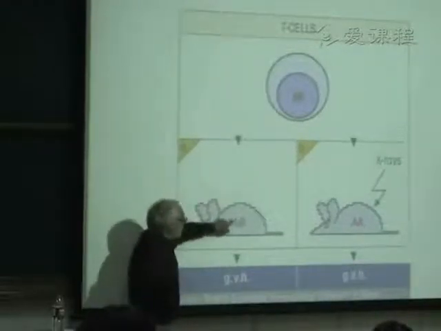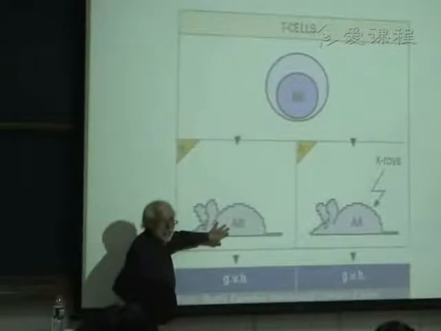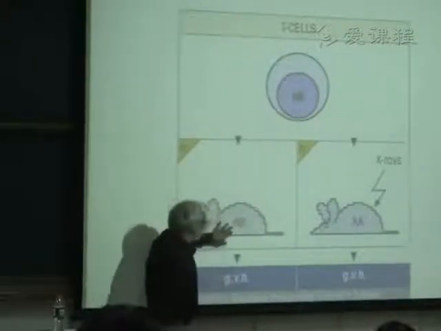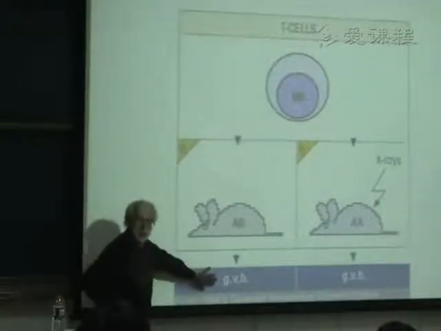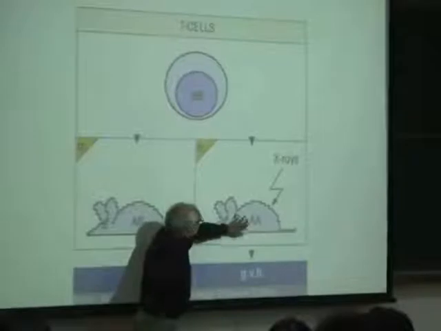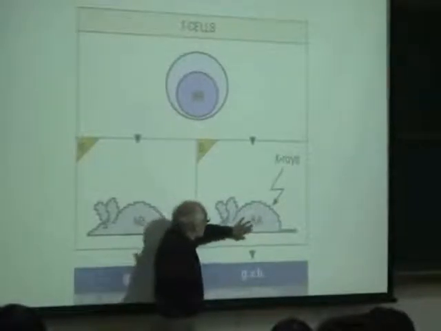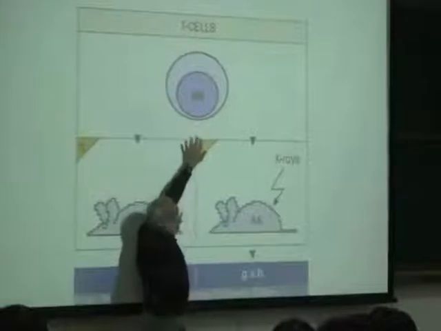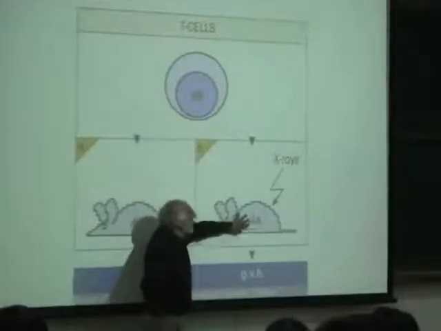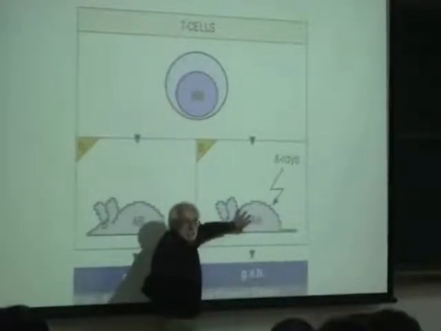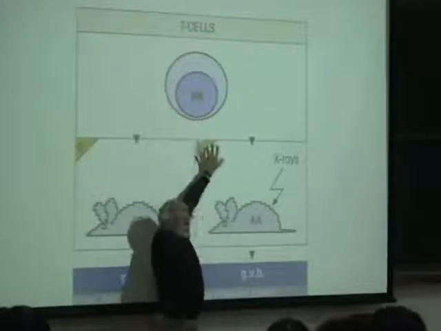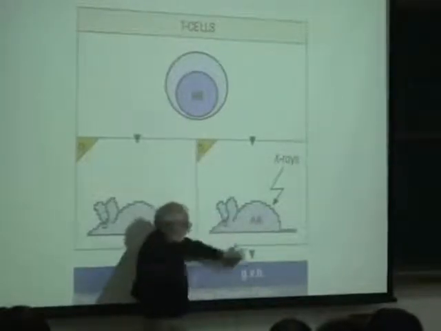But because this mouse, as well as having B antigens, also has A antigens, these immune system cells will recognize the A as foreign and will attack the recipient mouse, and you'll get graft versus host disease. And the same happens if you transfer to an A times A mouse that you've irradiated. Now, if you didn't irradiate this mouse, because this is BB, this is AA, this mouse would reject this. But if you irradiate this mouse, then you damage this mouse's immune system. So it's not able to fight the graft, but the graft can attack this, and again you get graft versus host disease in that situation.